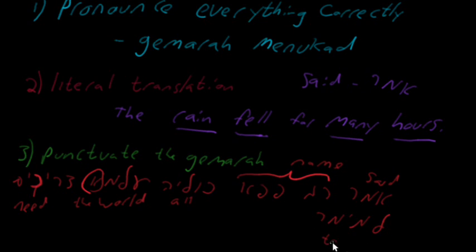Lememar is to say. Okay, say. So just looking at this, we would be able to say that Amar Rav Papa, so we know just from Rav Papa said. Okay, all the world need to say. Okay, and this is made up. I'm not quoting it from a Gemara per se. So just from this, we would know that Rav Papa is saying this.